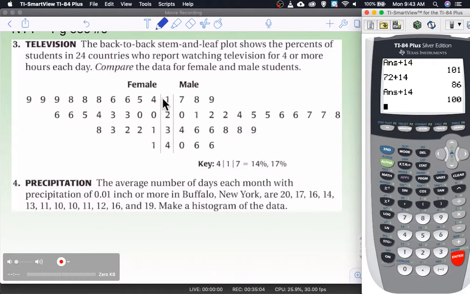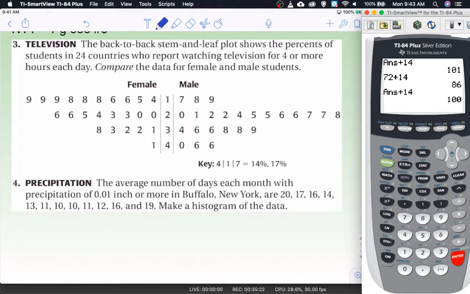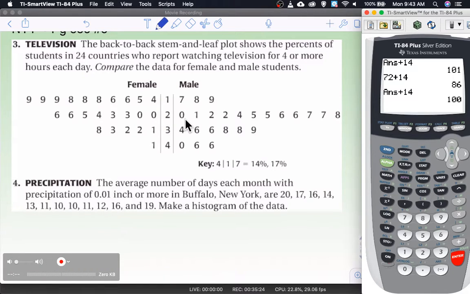Like 14% watch 4 more a day in that country, 15% watch in that country, 19% in that country, where the males, we can see the groupings are more on the lower end, so more are watching TV than the females. Boom. Females tend to watch less TV than the males according to this data.